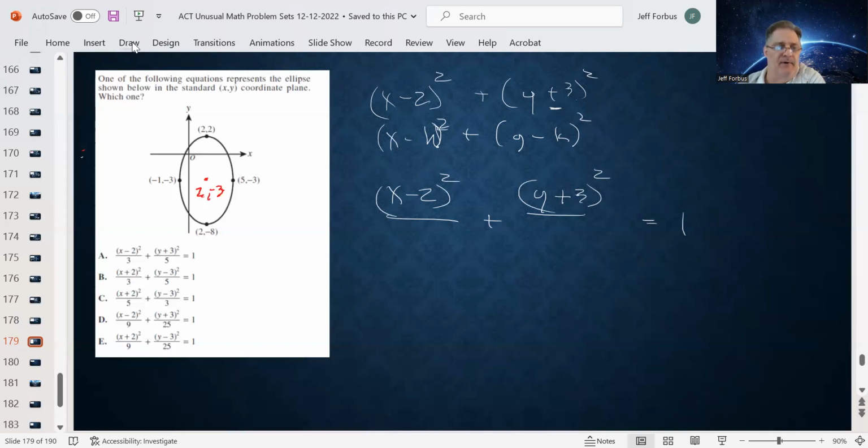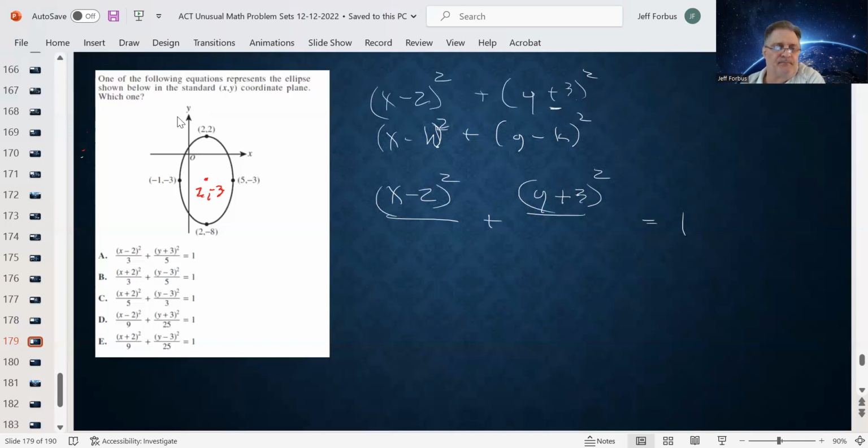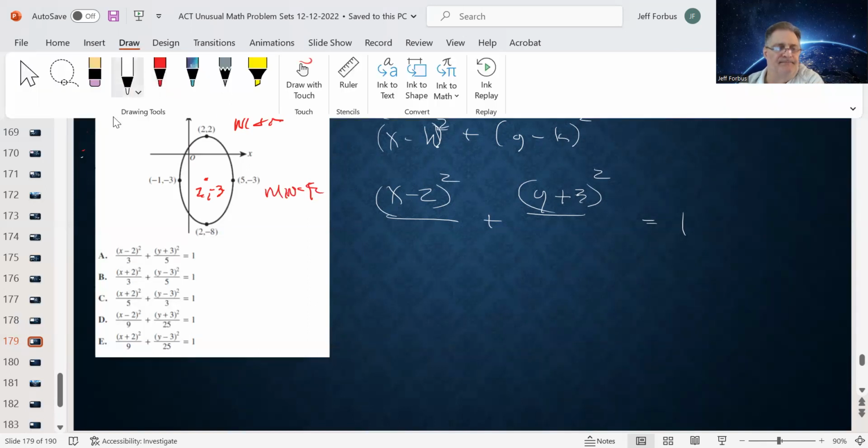So let me write in red here. The major is along the y-axis, and the minor is along the x-axis. Okay, let me get back to my pen color of white.